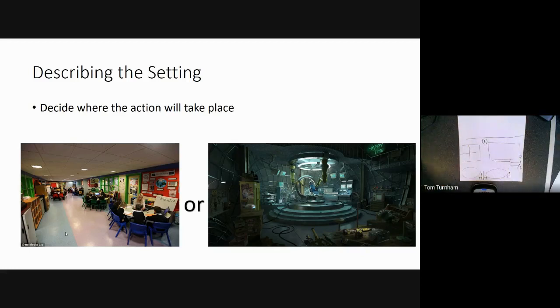I don't need to make it a really pretty picture at this point, but then I'm going to start labeling it. So I've got my interactive whiteboard. I've got bright light streaming in. I'm going to have a really silent classroom, but you're going to hear the loud ticking of the clock.